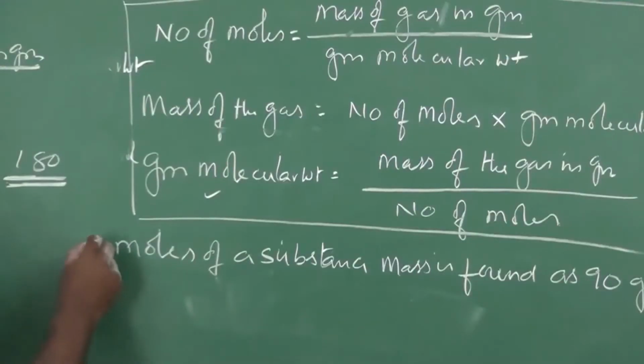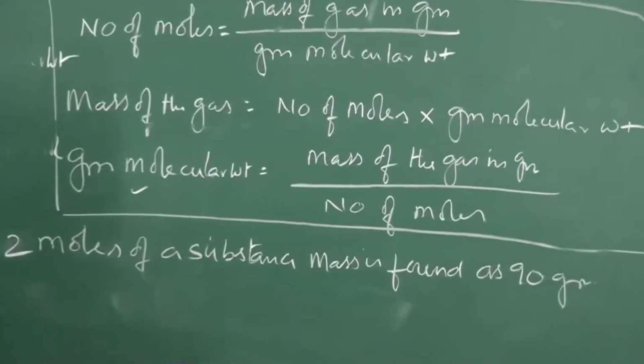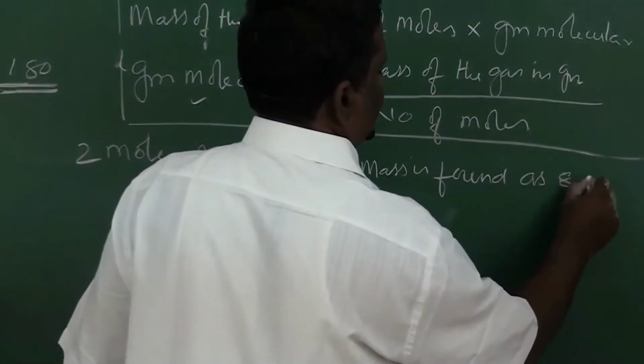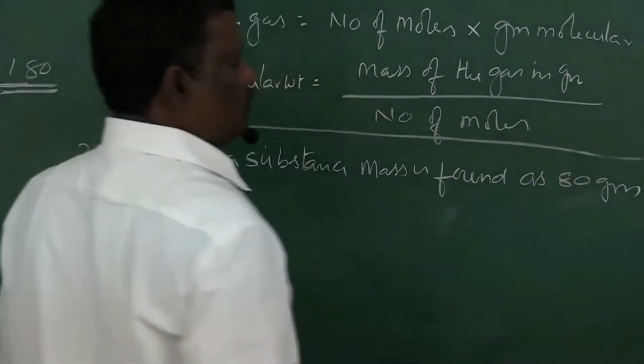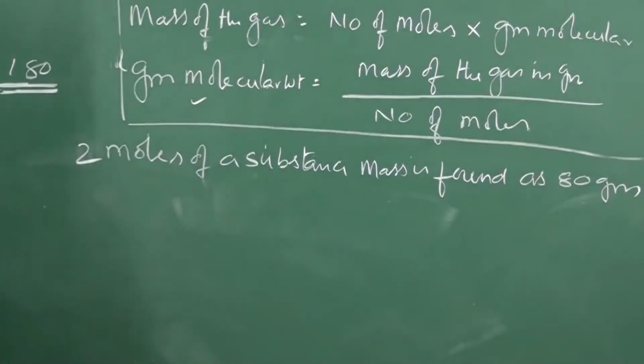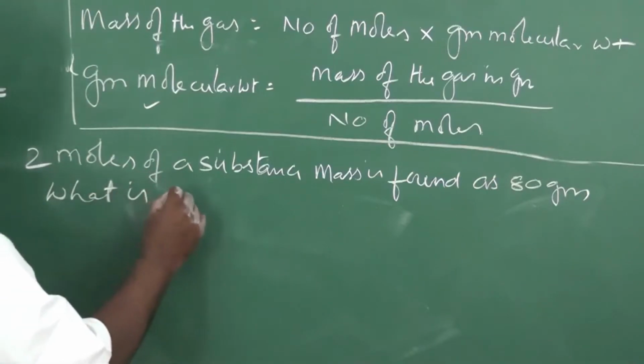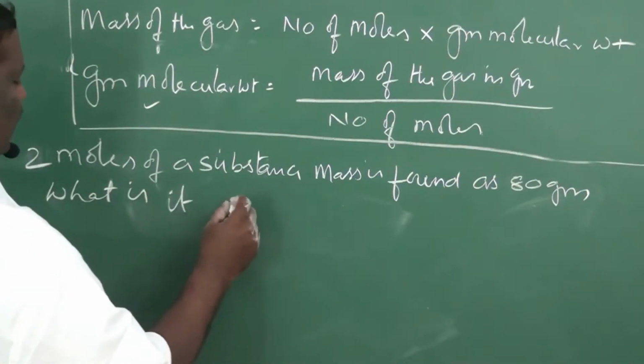2 moles of a substance mass is found to be 80 grams. Then what is its molecular weight?